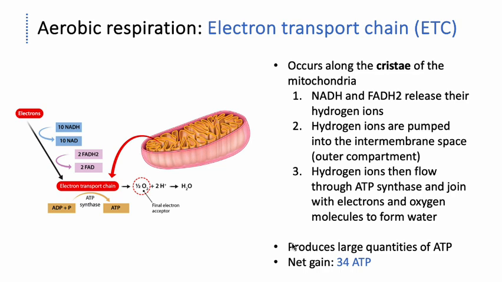What's going to happen is all of those NADHs and all of those FADH2s that we produced back in glycolysis and the Krebs cycle and all of our other steps leading up to this, are going to bring their electrons to this sequence of proteins, this electron transport chain, and allow for the movement of hydrogen ions from the matrix, from this space on the inside of this inner membrane, into the intermembrane space.